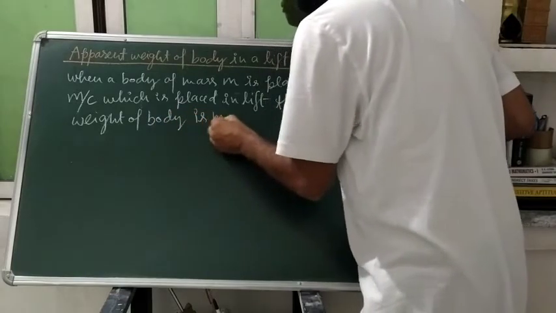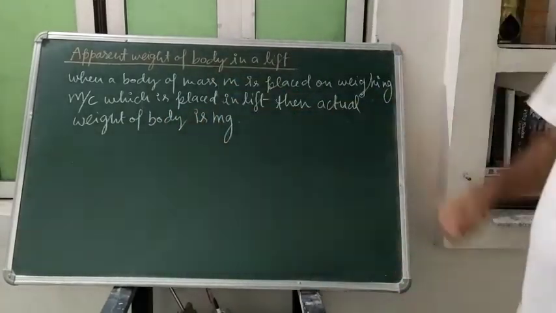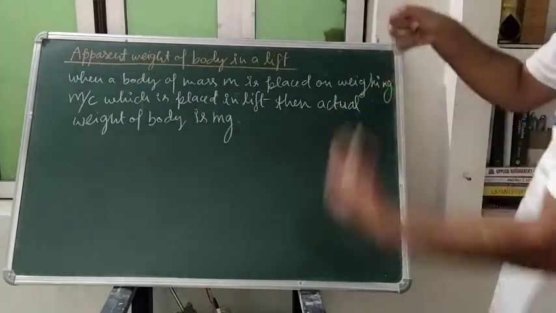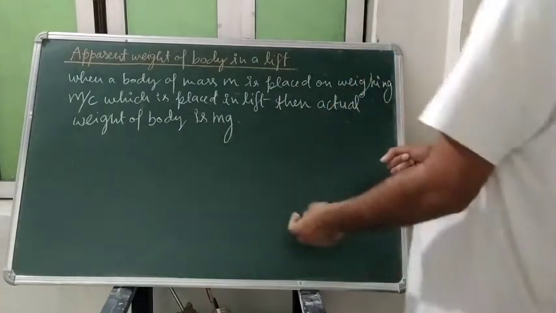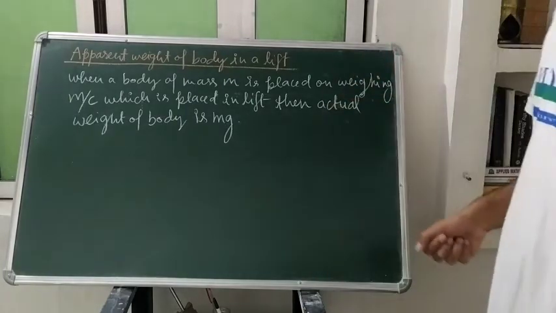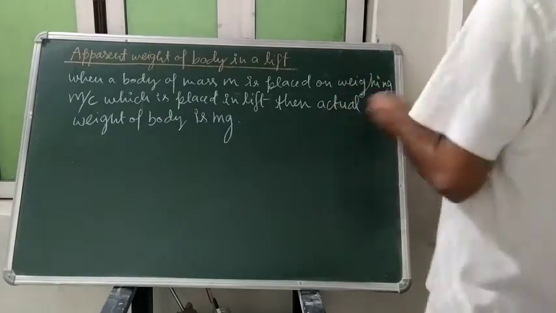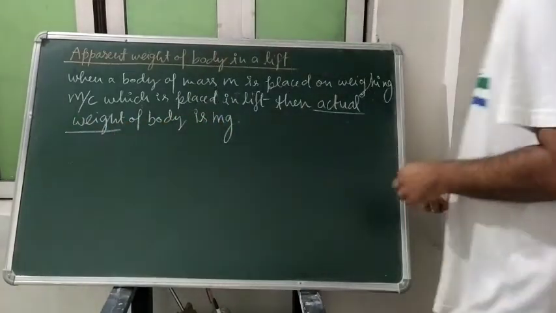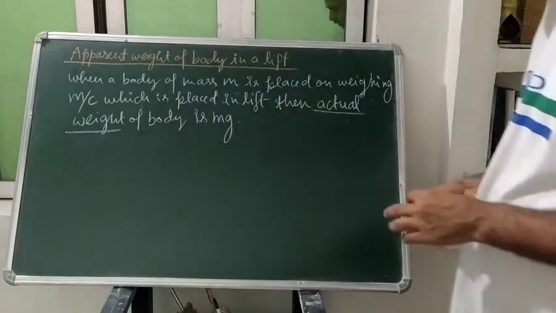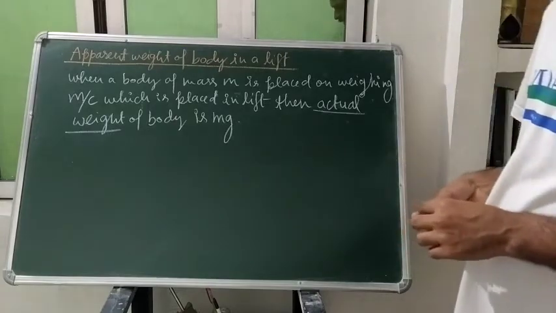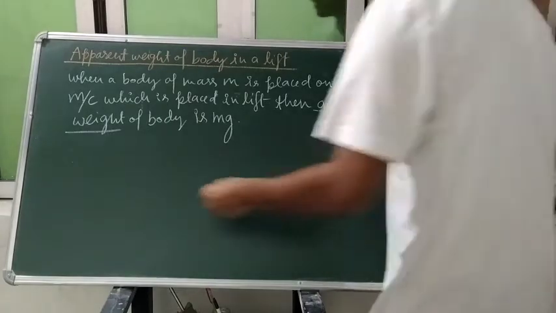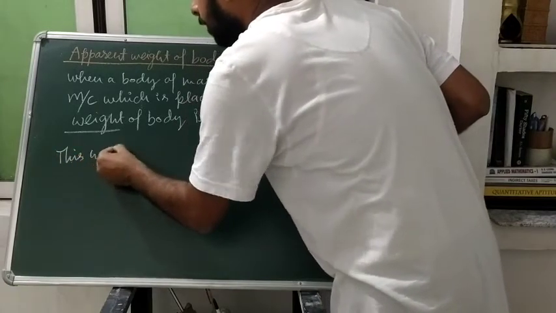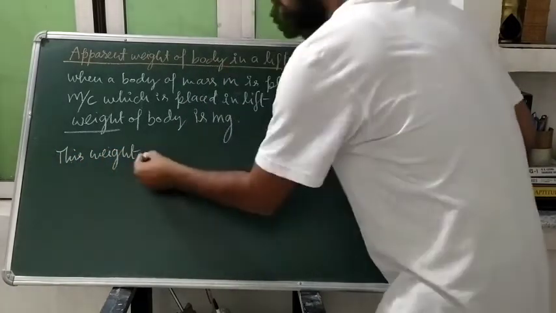When you are keeping a mass m on a weighing machine, of course the force due to gravity will act, and that will be mg, and that will be called your actual weight.